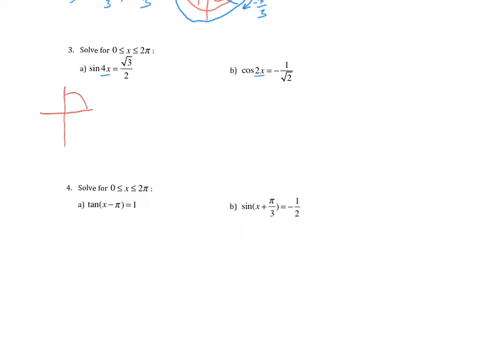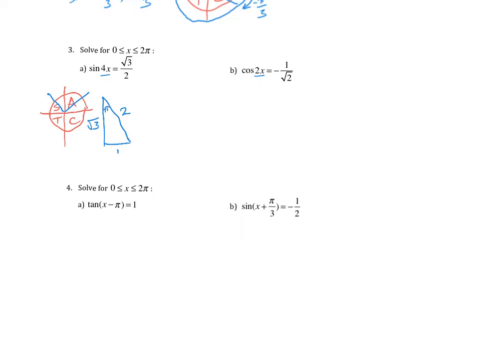And I do recommend drawing a unit circle, even if it's messy, for every single individual question. Okay, and where is sine positive? In A and S. And what acute angle do I want? Well, the one with root 3 and 2 is this.